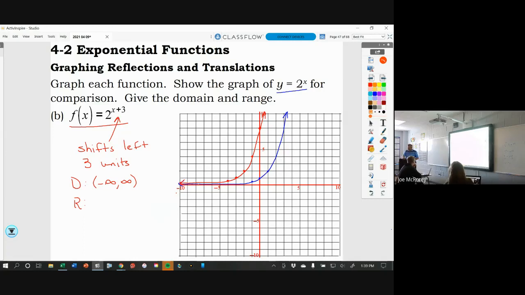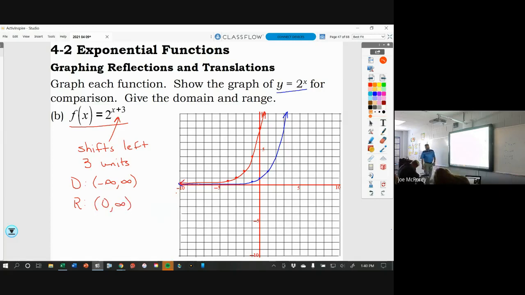The asymptote's still the x-axis. Will the domain always be negative infinity to infinity for the parent function? Yeah, it's going to be. The range is 0 to infinity.